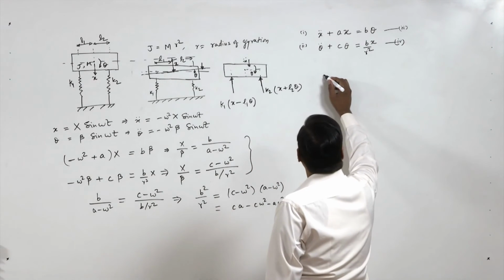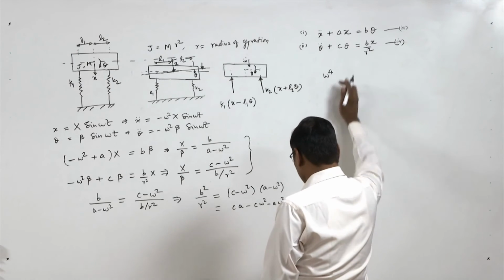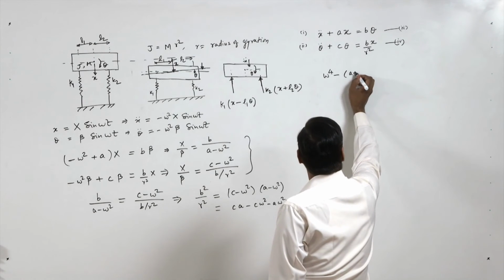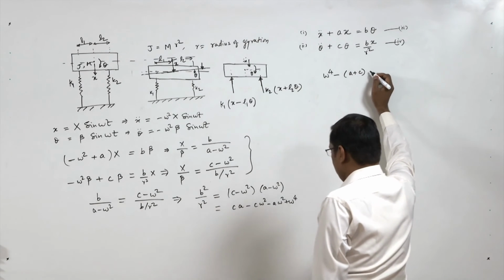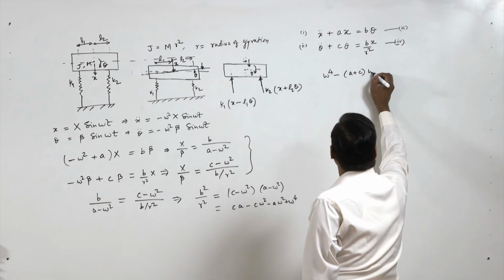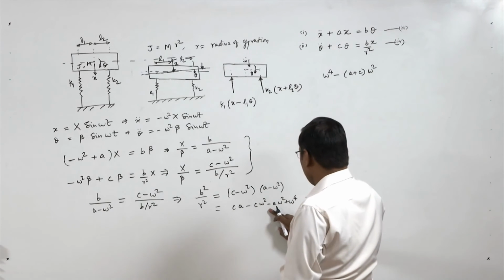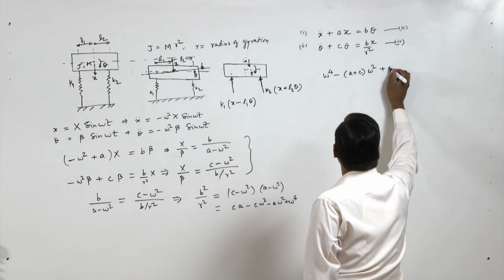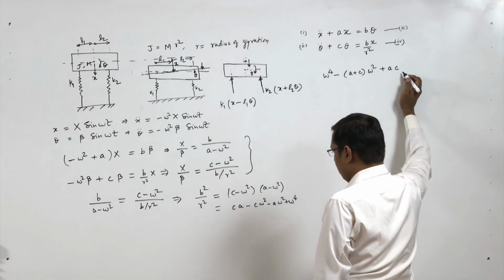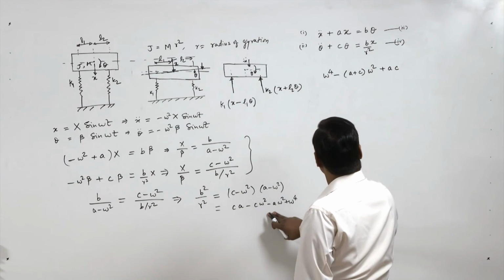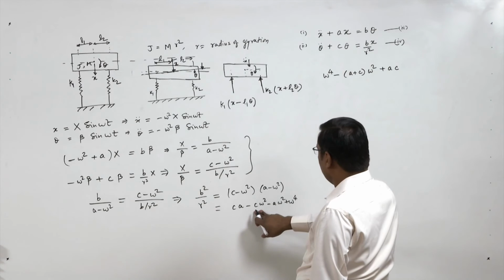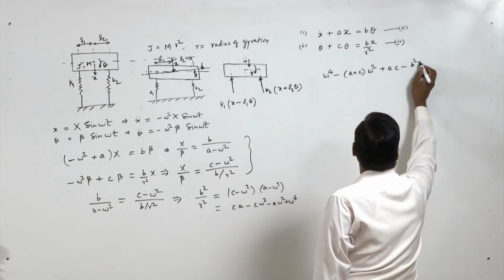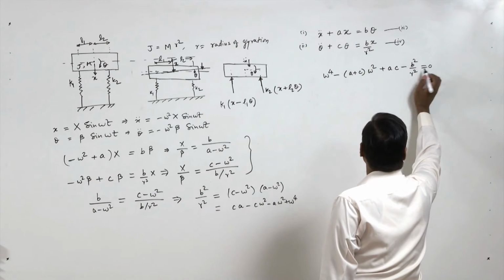So from here we can find omega power 4 minus a plus c omega square plus ac minus b square by r square, that is equal to 0.